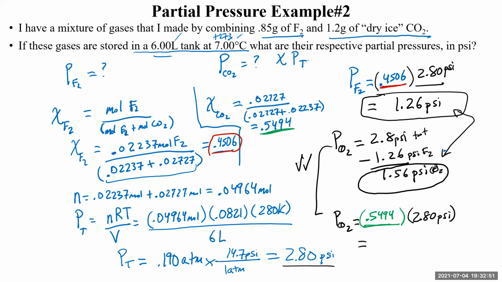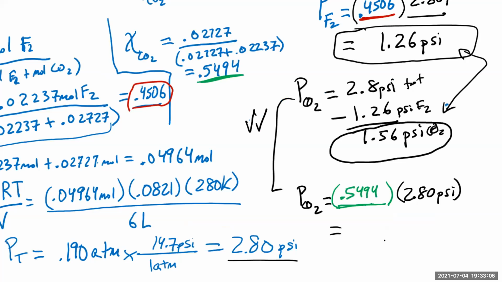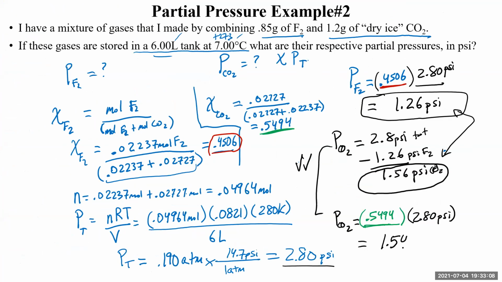Hopefully that gets us something around 1.56, you know, within rounding at least, right? 0.5494 times 2.8, 1.54, close enough. There's probably a little bit of rounding affecting us here. 1.54 PSI. Close enough.